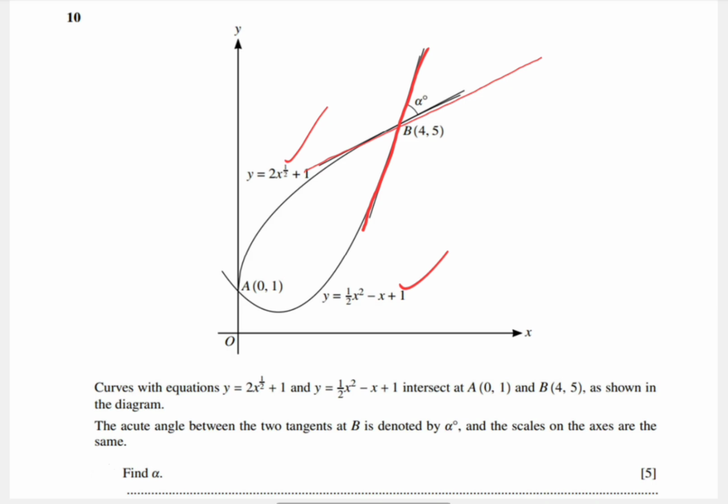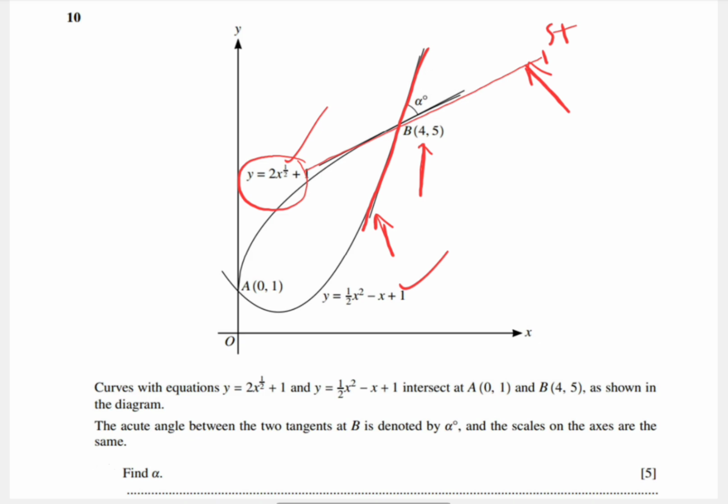And so what I'm going to try and do is to find the gradient of this tangent at this point where x equals 4. And for me to be able to do that, I'm going to use this curve. Since it's a tangent, we know the gradient is the same at that x value, which is 4. And I'm going to do the same for this other tangent, right?